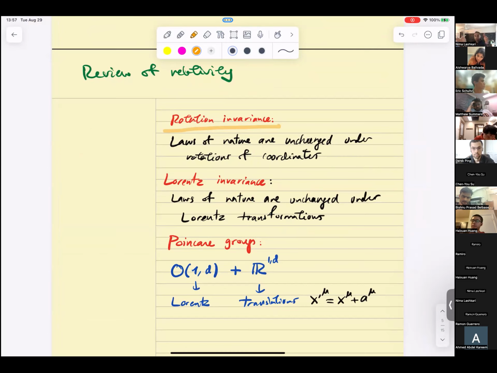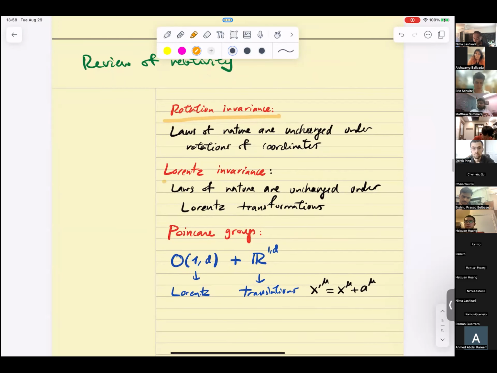Meanwhile, the Earth is rotating, but F equals ma, the laws of physics, are invariant under that, right? I shouldn't care about my orientation in space if I'm writing laws of physics. So Lorentz symmetry, or Lorentz invariance, is to be viewed the same way: not only do rotations leave the laws of physics invariant, but also boosts leave the laws of physics invariant, right?